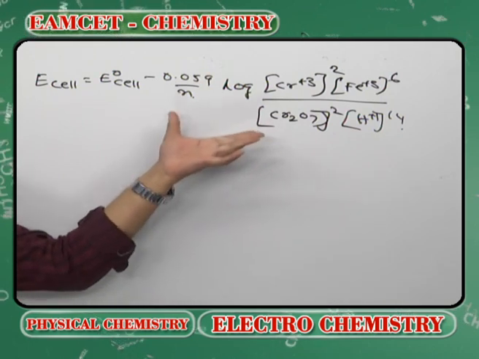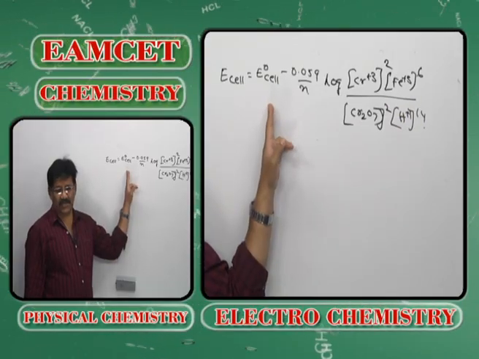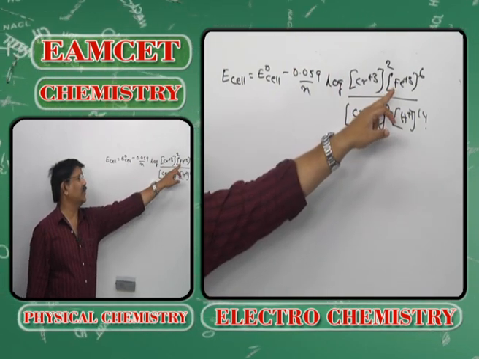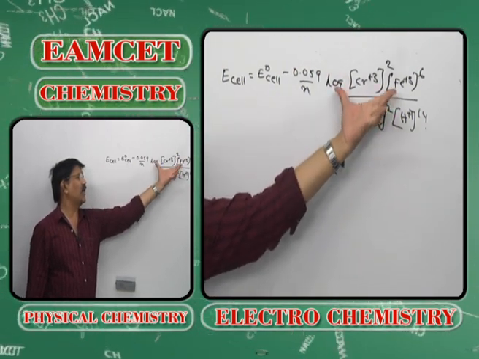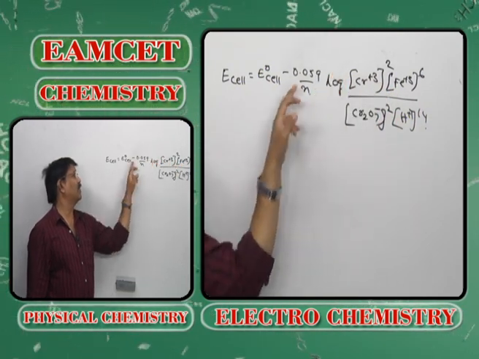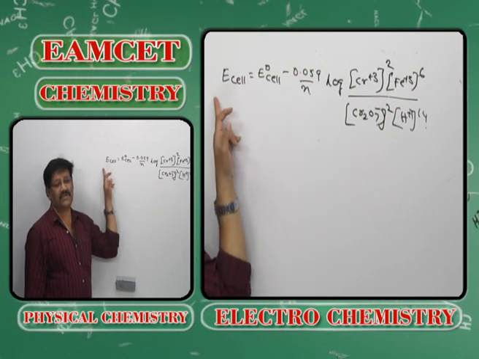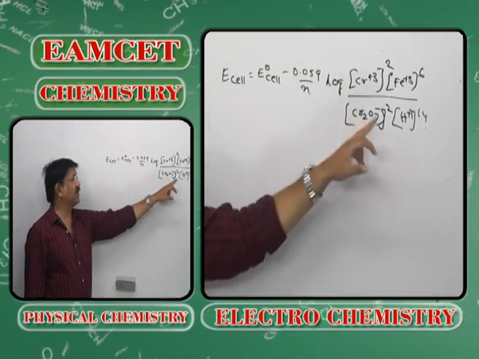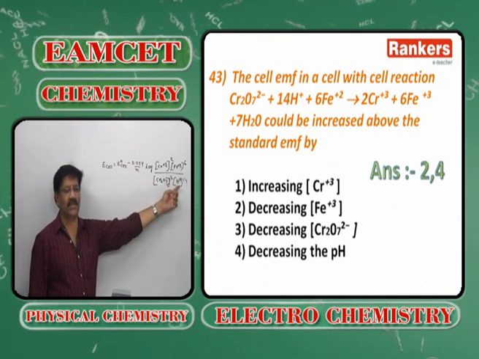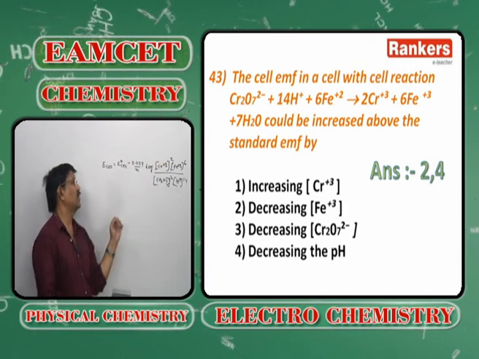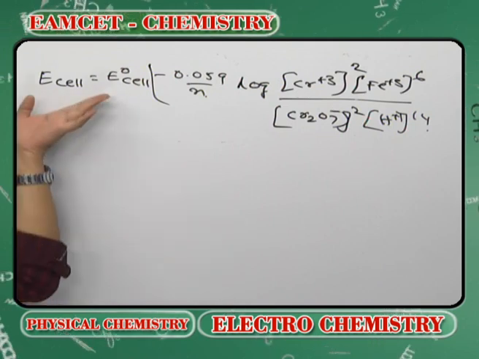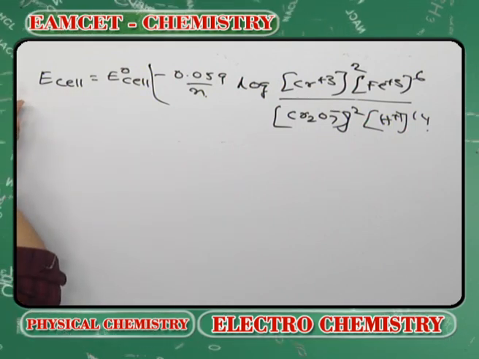So the cell EMF can be increased by decreasing this fraction. If you decrease this value, this fraction decreases, and the total EMF for the cell increases. By decreasing the pH value, which means increasing the H plus ion concentration, this negative value can be decreased, therefore the EMF for the cell can increase.